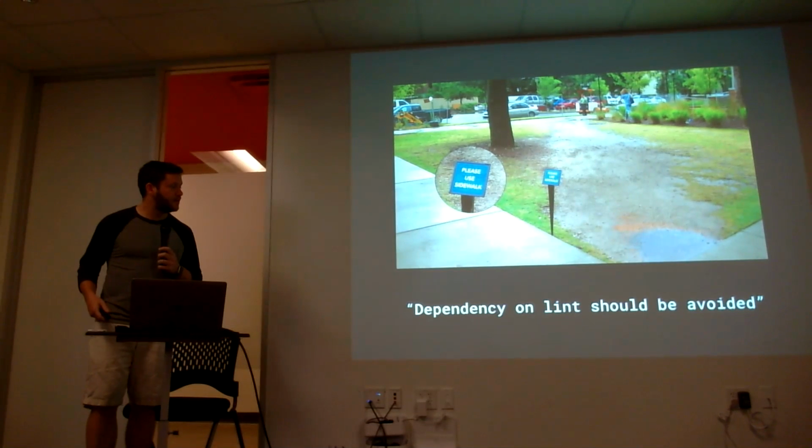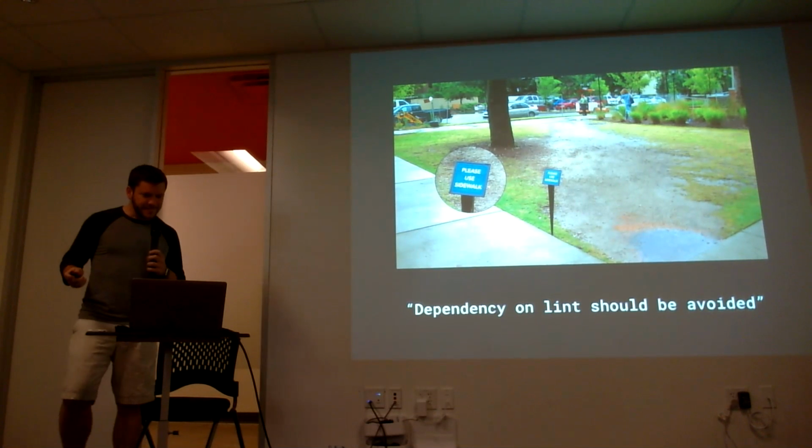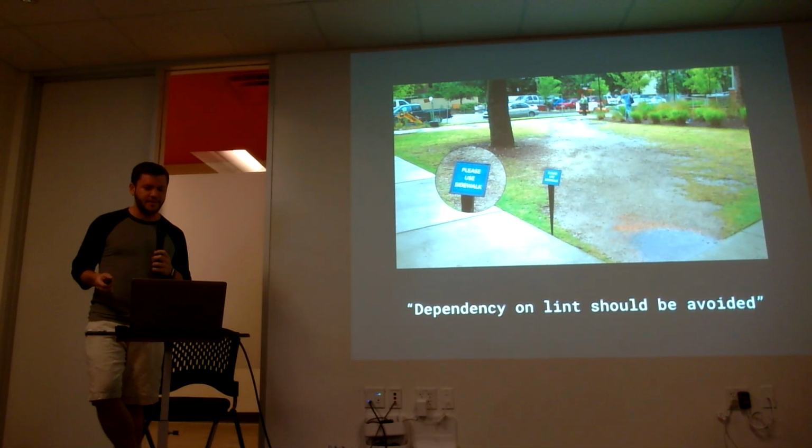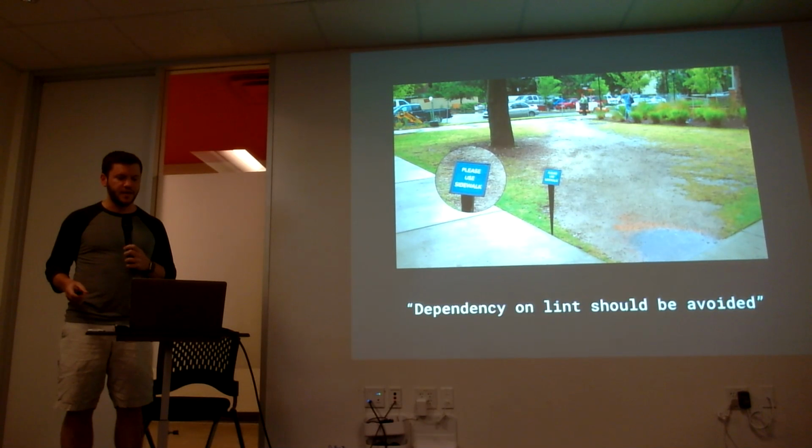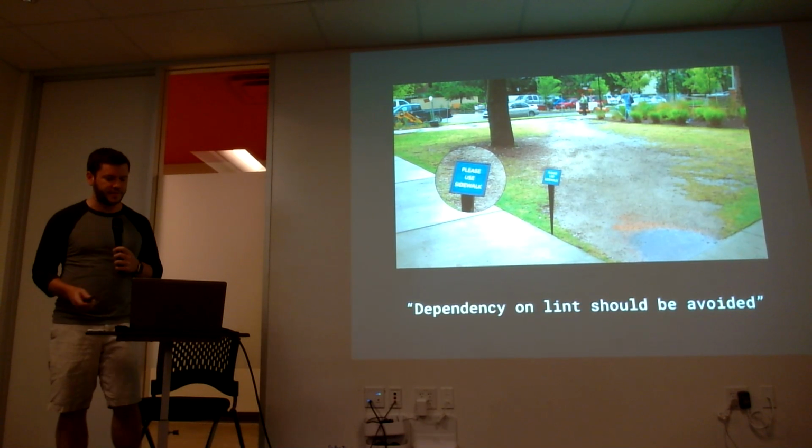This is a good metaphor for that. Lint is a powerful tool, but you should use it defensively, not as an expectation that people are going to need it to put them in the right place.